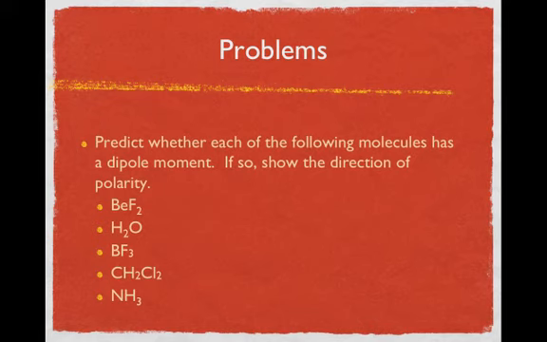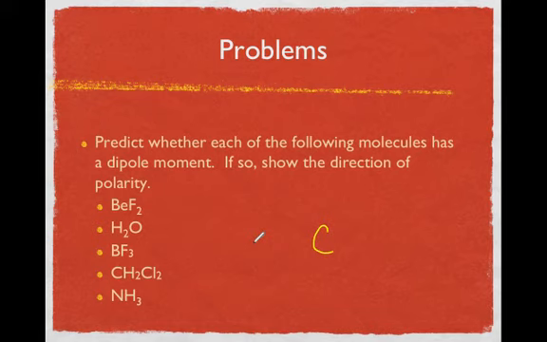So this first one, what would be the central atom? Carbon. Okay. Is black or yellow easier to read? Yellow? Okay. So we have hydrogen.